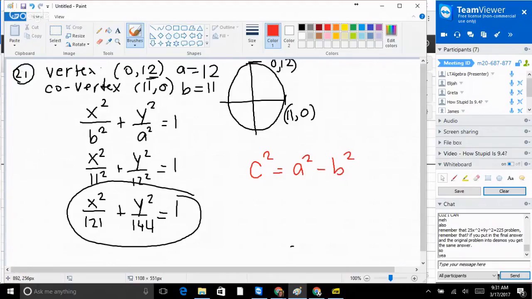Always that equation, okay? We've already done the work, so it's 12 squared minus 11 squared equals c squared. So c is basically going to be the square root of 12 squared minus 11 squared. And I'm feeling a little lazy, so let's throw that in Desmos and see what we get.